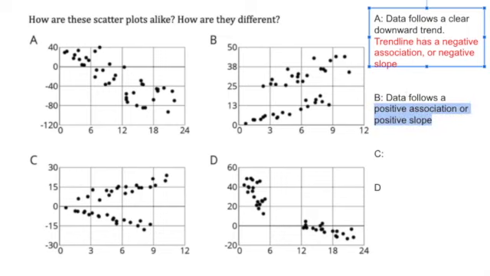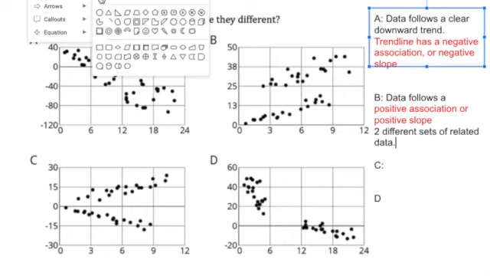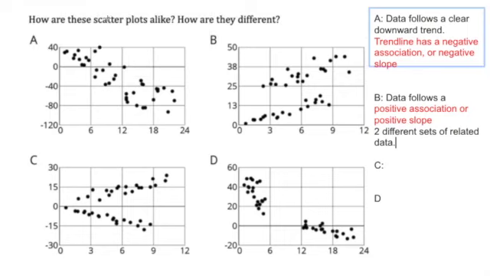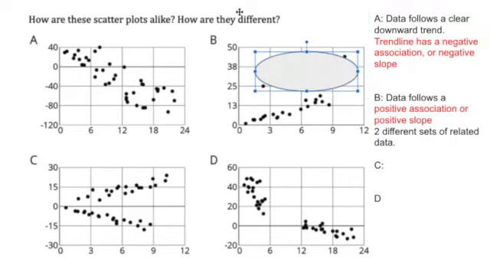But I also noticed in scatter plot B, there appear to be two different clusters of data, or two different sets of data. I see this upper chunk up here, and I also see this lower chunk down here, which is not exactly what you want, because that means there could be another variable at play.